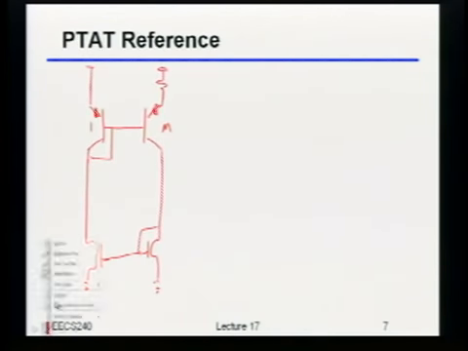Okay, so let's just sort of do a couple of things really quickly first. So let's say that I just define this right here as being VBE1. So that's just some base emitter voltage. So now, kind of by definition, what's the voltage that's going to show up there?